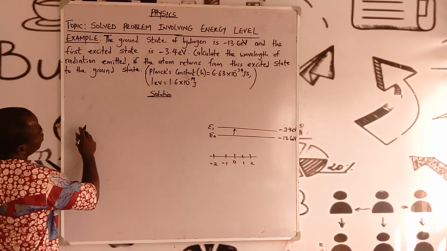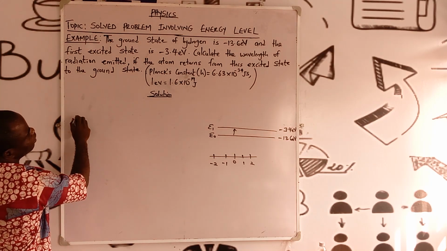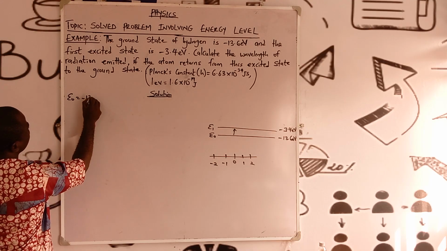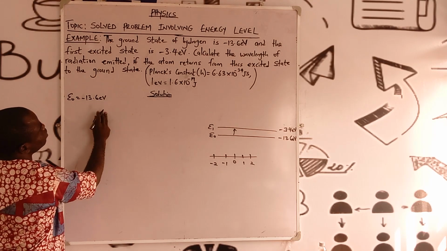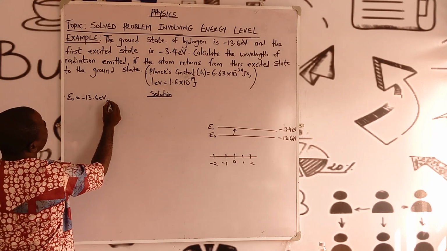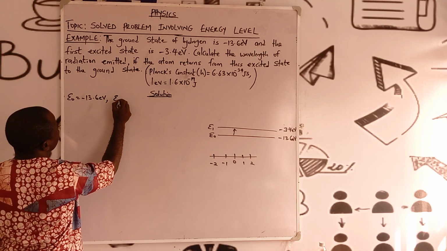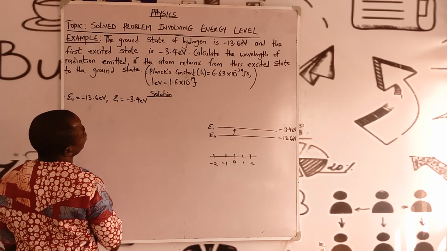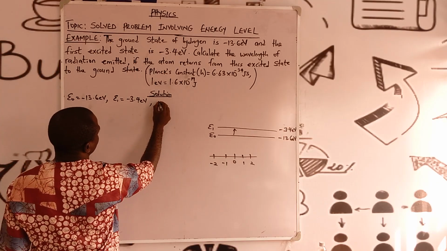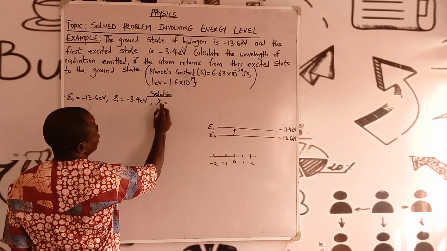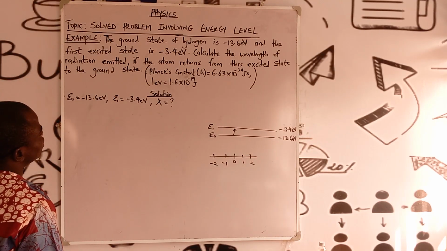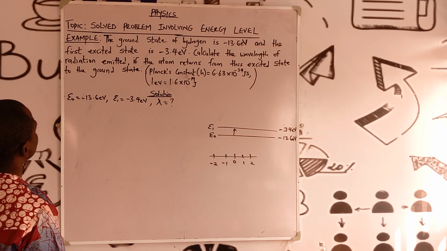Now, let's see what we have here. Our ground state equals minus 13.6 electron volts, and the first excited state, E1, equals minus 3.4 electron volts. Calculate the wavelength. We use lambda as the symbol for the wavelength.